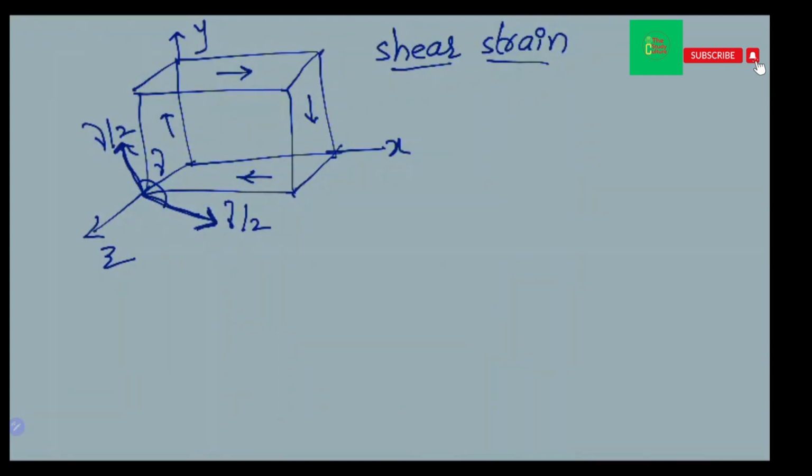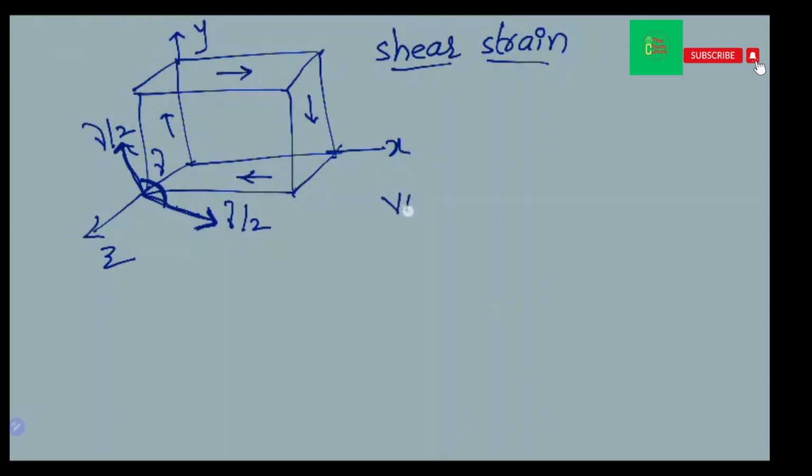These are two mutually perpendicular planes between which is the angular distortion. The element which is subjected to a shear stress experiences deformation. The tangent of the angle through which two adjacent sides rotate relative to their initial position is termed as shear strain.